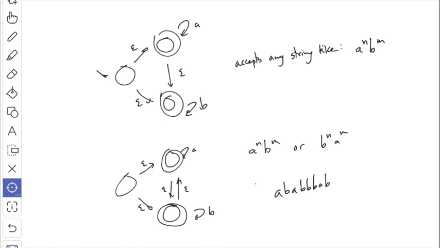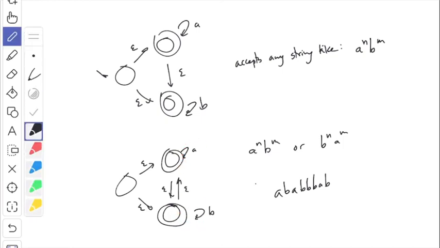So I can go here, do the first A, then go down here, do the B, then go back up here, do the A, go back down here, do 3 B's, back up A, back down a B. Yeah, so this accepts any string in A, B star, right? Any string involving A's and B's will be acceptable here.